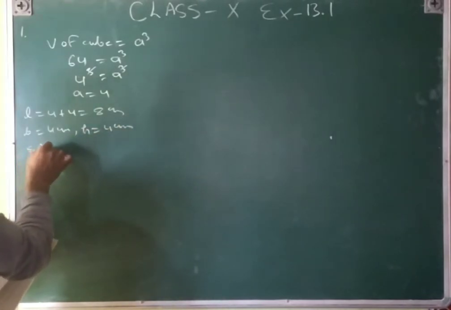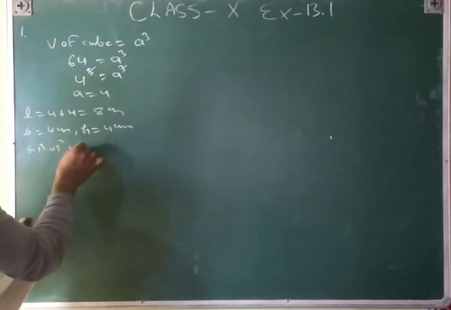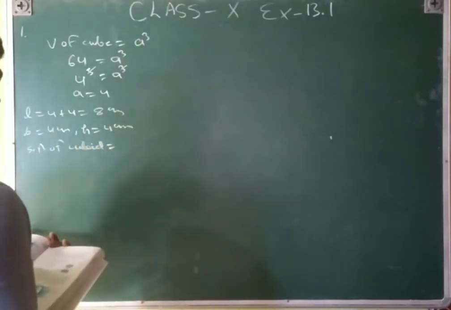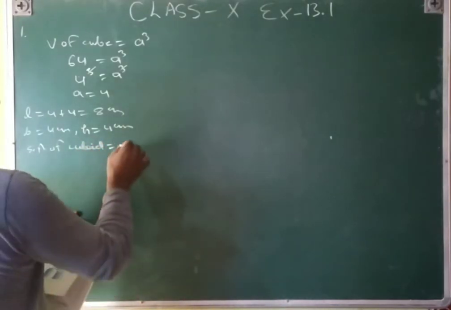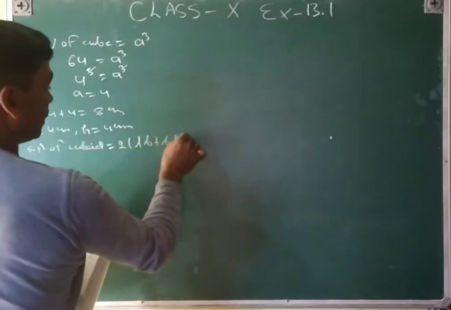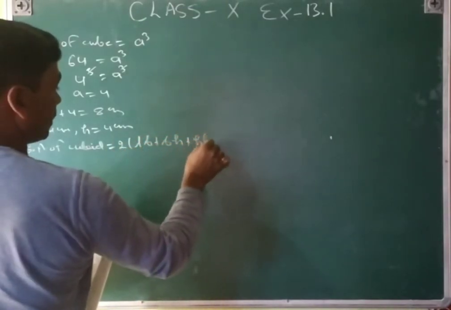So surface area of, now that is a cuboid, because two cubes are joined to each other. So that is a cuboid. Surface area is 2 bracket LB plus BH plus HL.